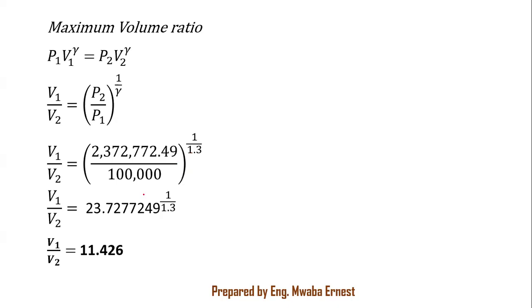So when you enter whatever is in the brackets here, you end up with 23.772, raised to the power 1 over 1.3. And once you compute our V1 over V2, the volume ratio comes out as 11.426, when we're using 1.3 as our adiabatic index.